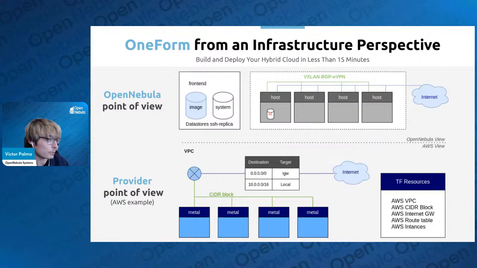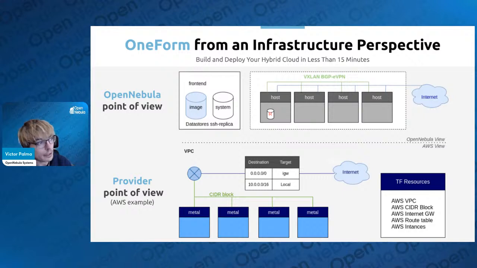OneForm creates in the case of AWS, an AWS VPC, a CIDR block as well, an internet gateway, all the route table configuration, and of course the instances where the workload is going to be deployed.